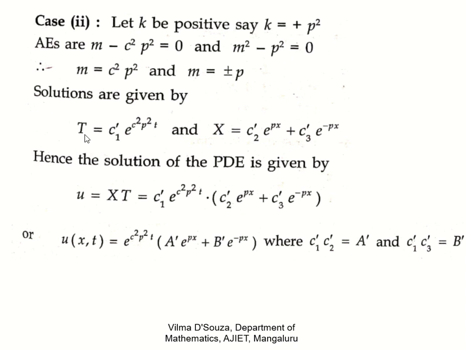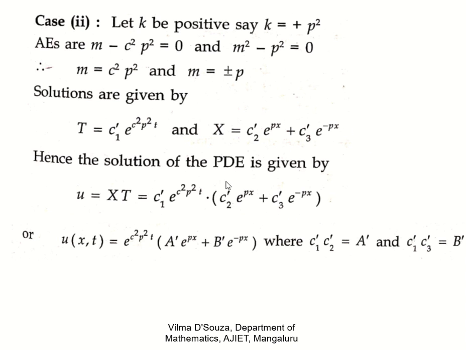So write down T equals c1' e^(c²p²t). And here, corresponding to x, another constant c2' into e^(px) plus c3' into e^(-px).